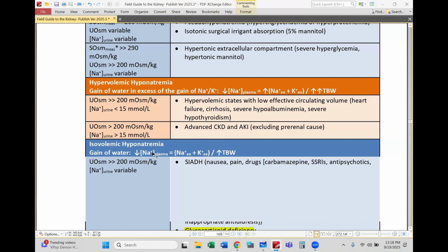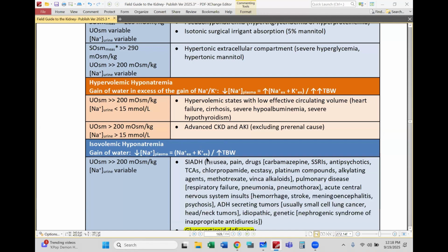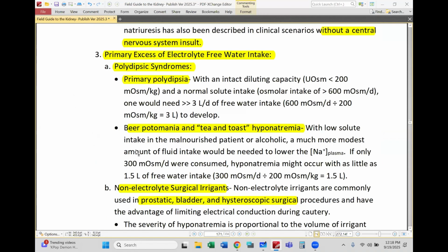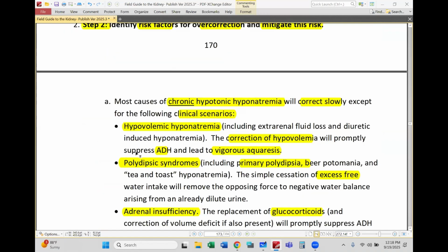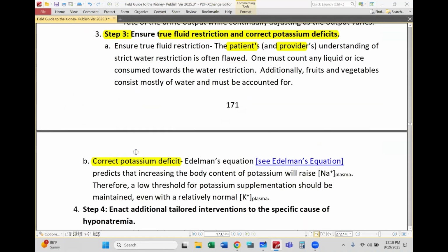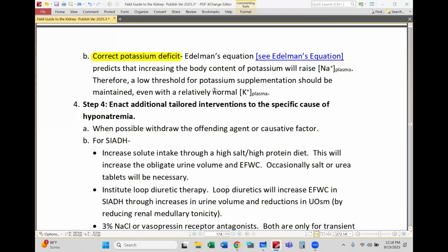And so from this formula, one can see if you have a potassium deficit, this quotient falls. And so I should correct this potassium deficit. So said straightforwardly, giving potassium raises my serum sodium. That's predicted by Edelman's relationship. And so if you have a K deficit, you should certainly correct that K deficit.